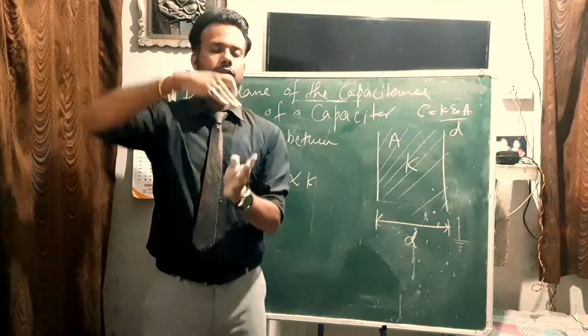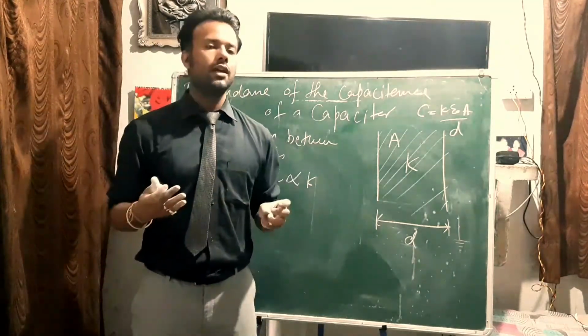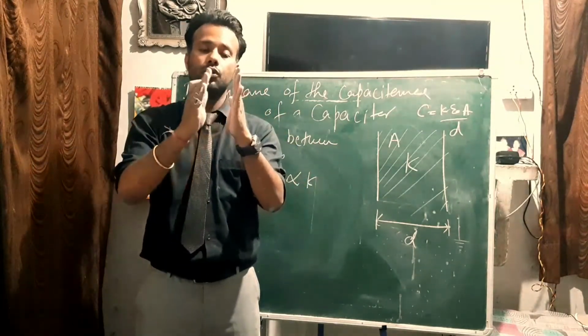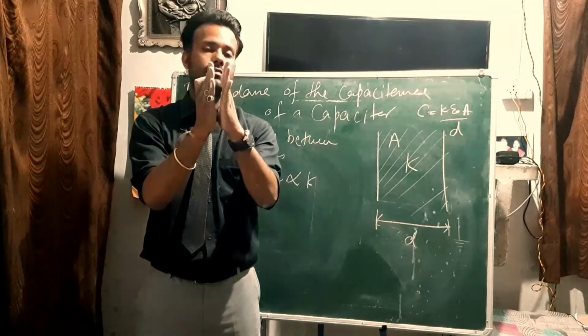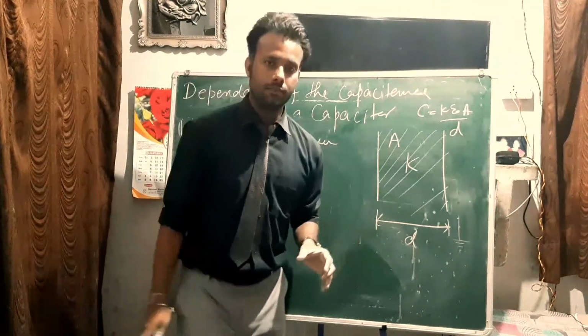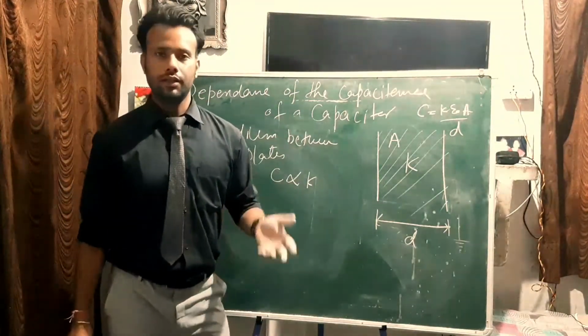But if we place some dielectric material between them, then we have the advantage that we can make the distance very, very small between the two conductors. So if the dielectric material is placed between the conductors, the capacitance of the capacitor increases.